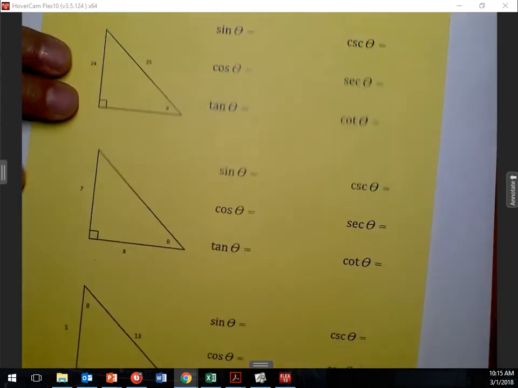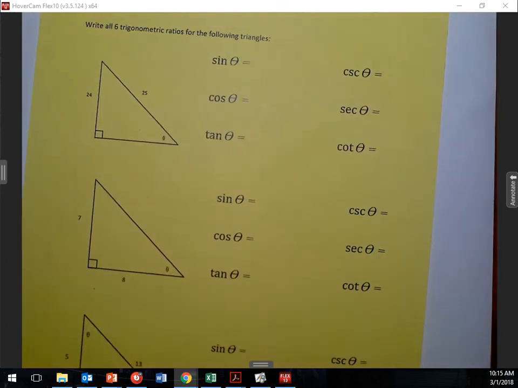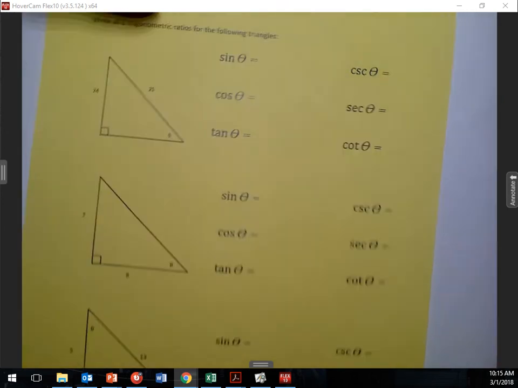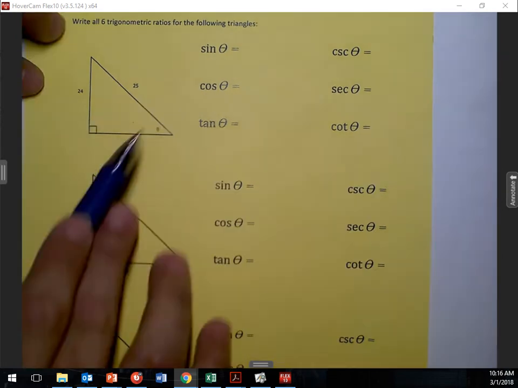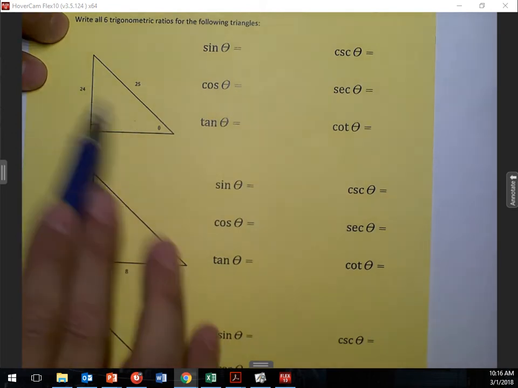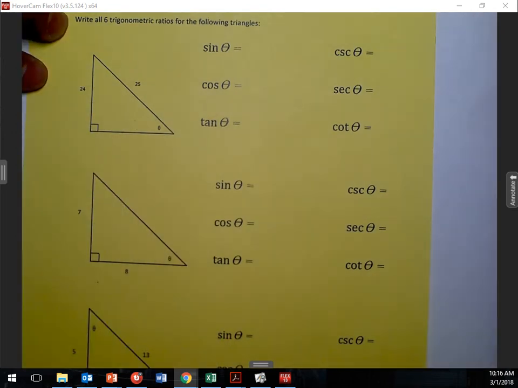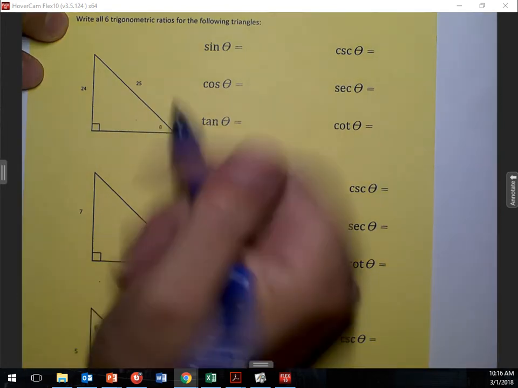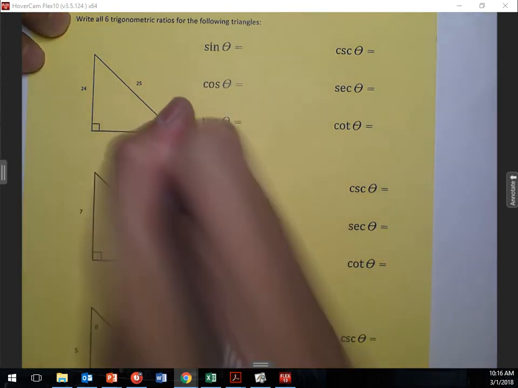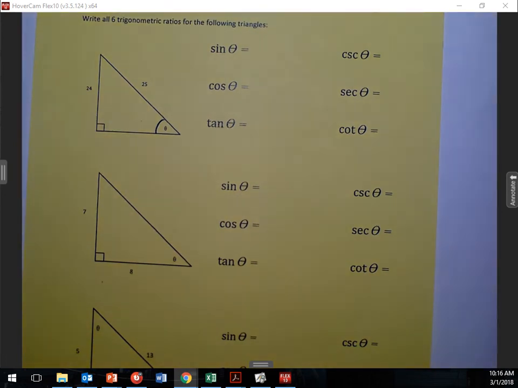Now, on your practice, it made it a little bit more difficult, right? What I did is, you're missing one of the sides. How do I find the missing side of a right triangle? Pythagorean theorem, right? So we're going to have to use the Pythagorean theorem. My hypotenuse is always the C value in my Pythagorean theorem.